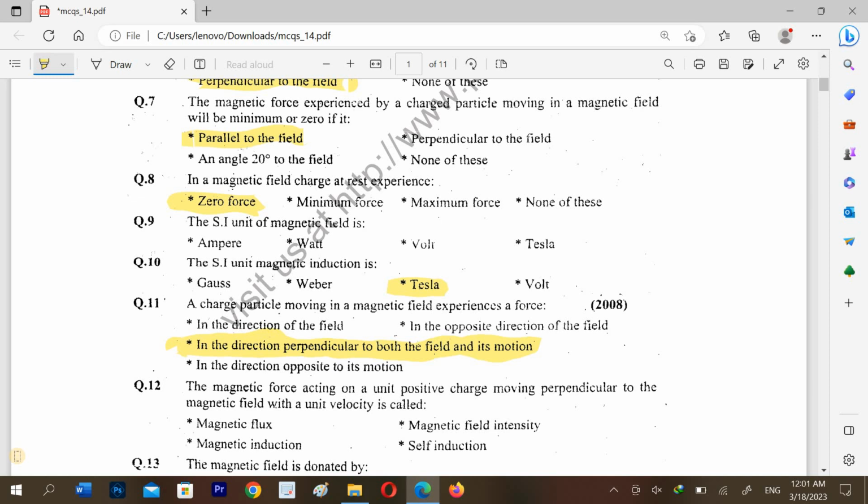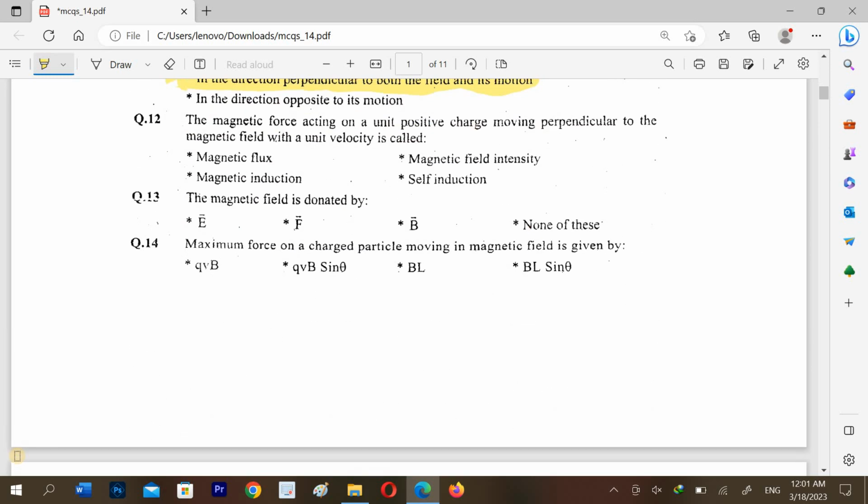The SI unit of magnetic field is Tesla. The magnetic force acting on a unit positive charge moving perpendicular to the magnetic field with a unit velocity is called magnetic induction.